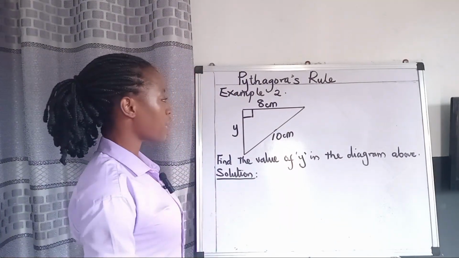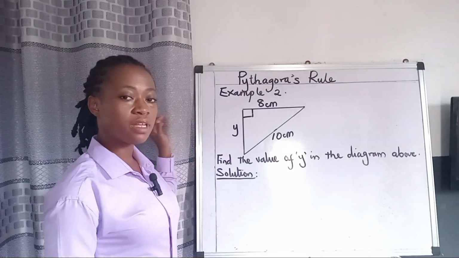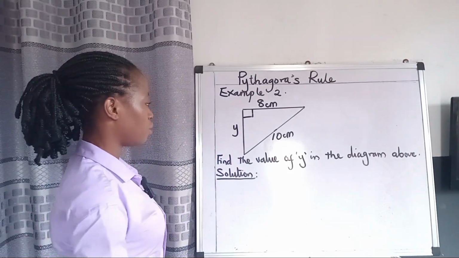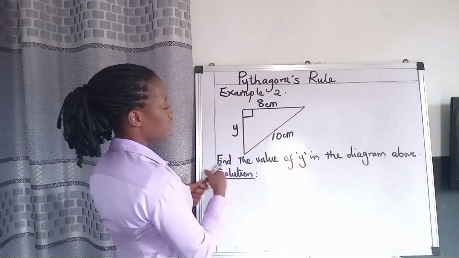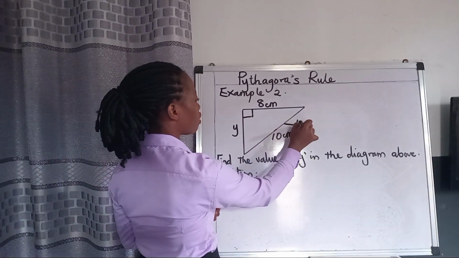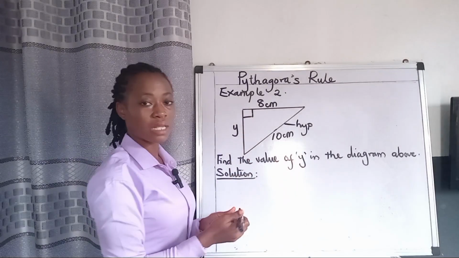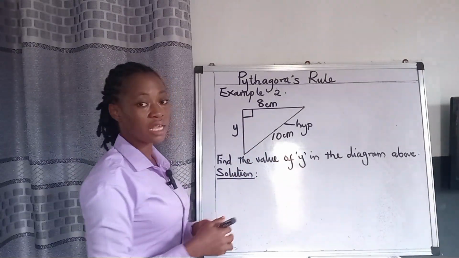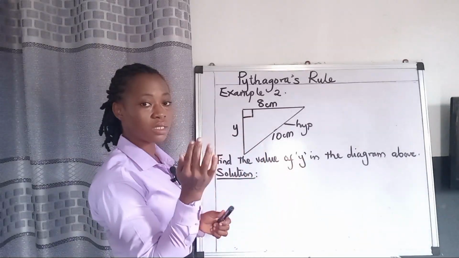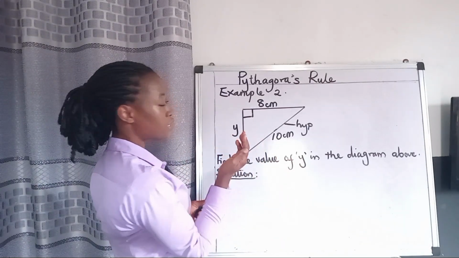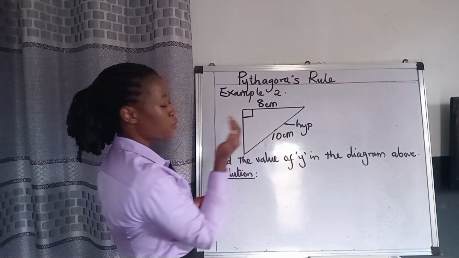Alright class, so we have example 2 here. If you look at this, we have another right angle triangle. Here is the hypotenuse, right? So it's left for us now to decide which one is the opposite and the adjacent.